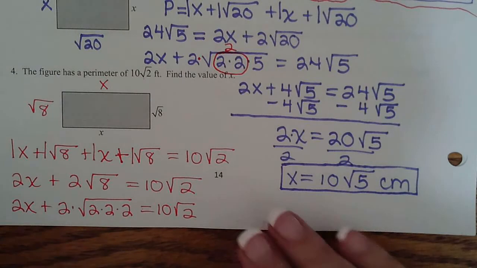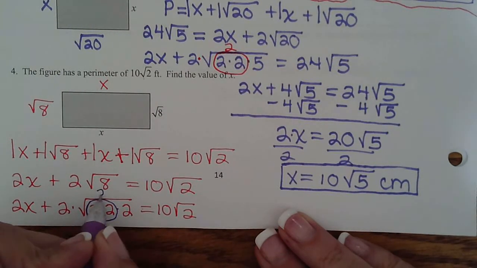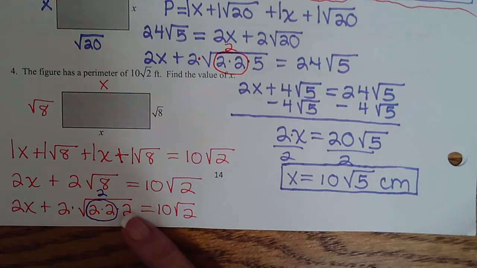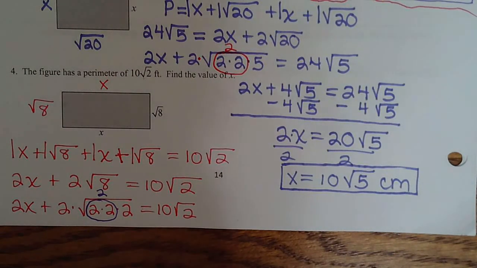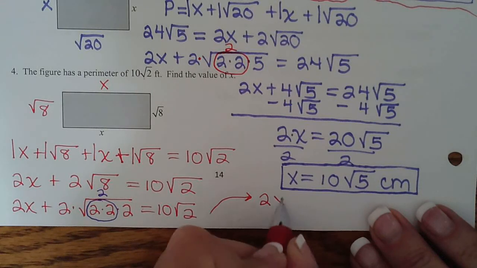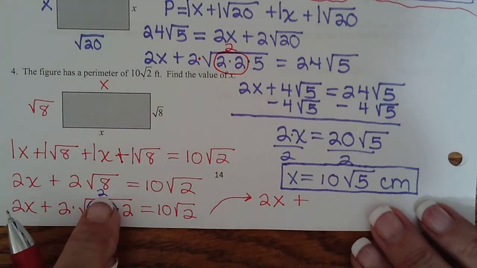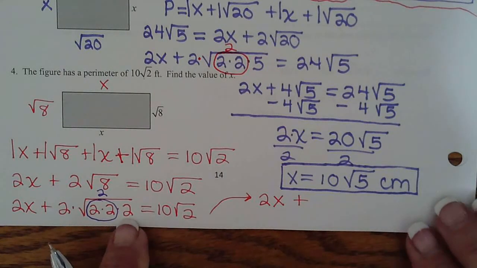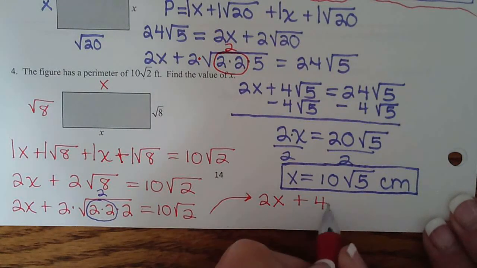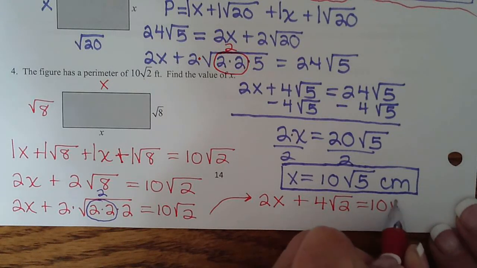So these two 2's come out as a single, but we still have a radical 2 underneath. So this is going to be 2x plus 2 times 2, 4 radical 2 equals 10 radical 2.